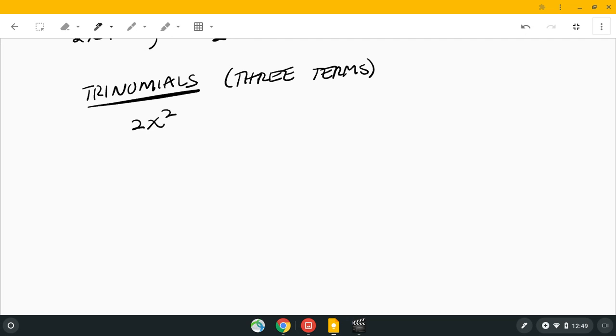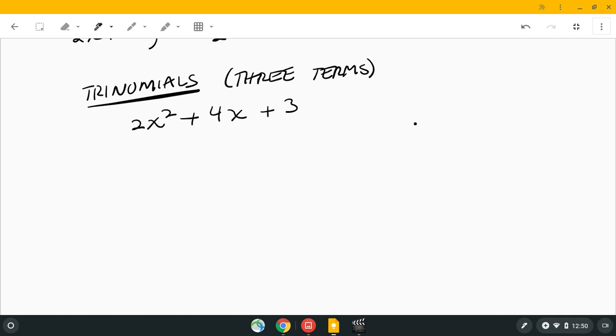Trinomials. That's three terms. So something like this, 2x squared plus 4x plus 3. We have three terms here. 2x squared is one term, 4x is another term, and 3 is another term.